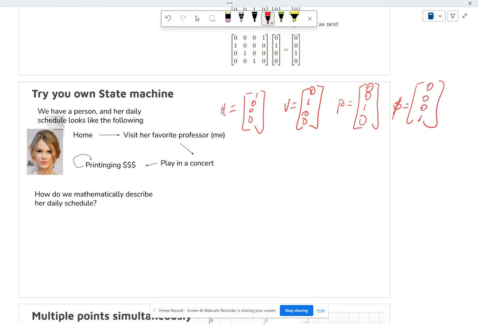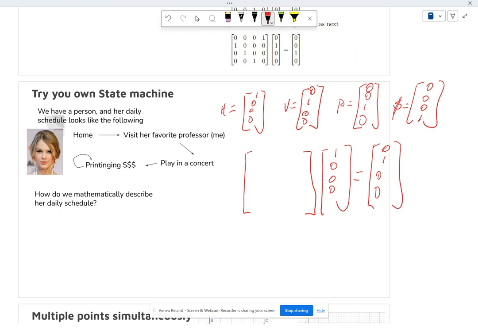Now, if we form the permutation matrix, if we plug 1000 in, we want that to equal 0100.